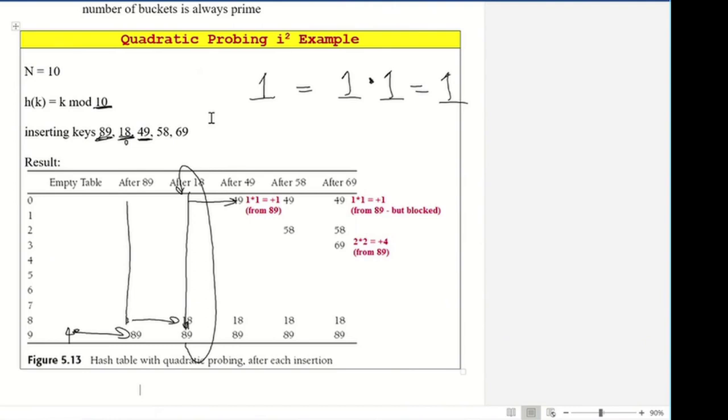Now, pretend for one moment that there was already something in that spot. The next thing that I would do, this is the attempts. My second attempt, I would do 2 times 2, which equals 4.